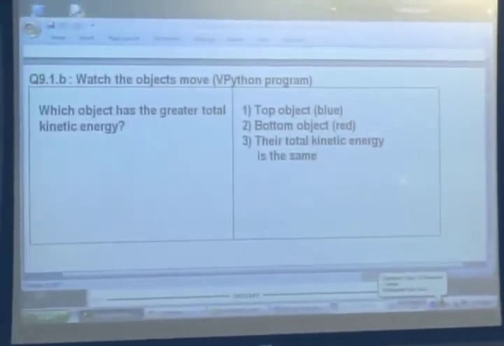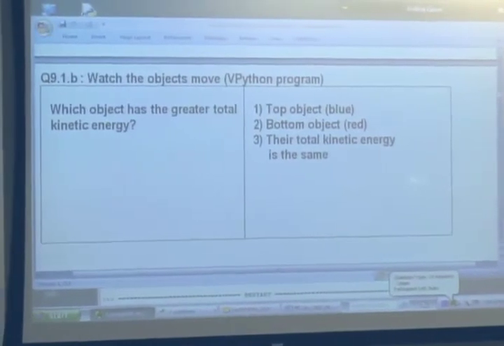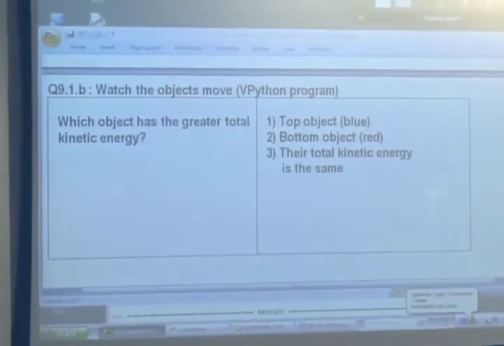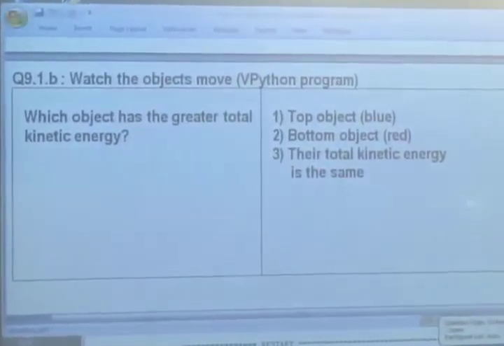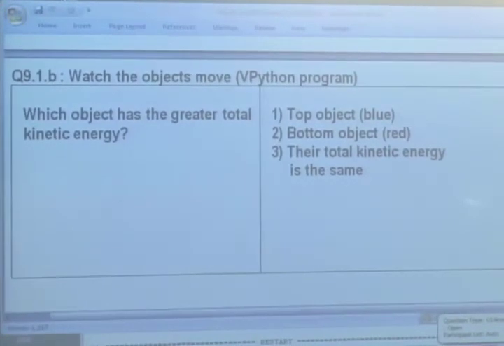So which of the objects has the greater total kinetic energy? Well, it's a total kinetic energy. So what would the total kinetic energy of the system be? We don't have an equation for total kinetic energy here, do we?